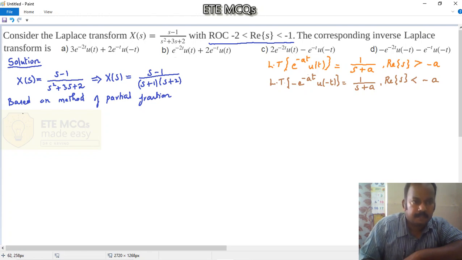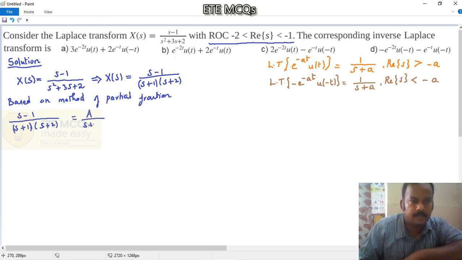Based on the method of partial fraction, we can rewrite (s minus 1) divided by (s plus 1)(s plus 2) as A by (s plus 1) plus B by (s plus 2).